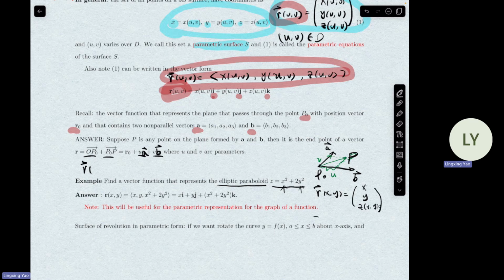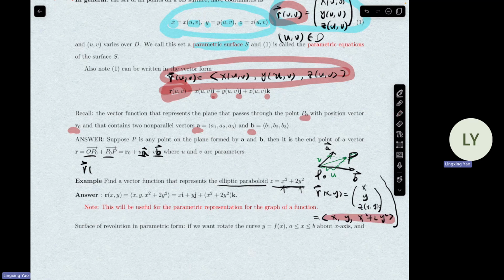So the parameterization, if you write it in the component form, will have z become x squared plus 2y squared. So for this so-called graph function, depending on x and y, we can always write the parameterization in this way.